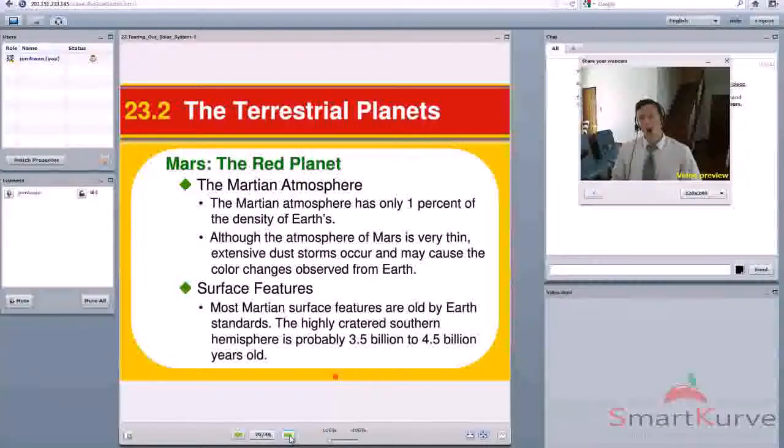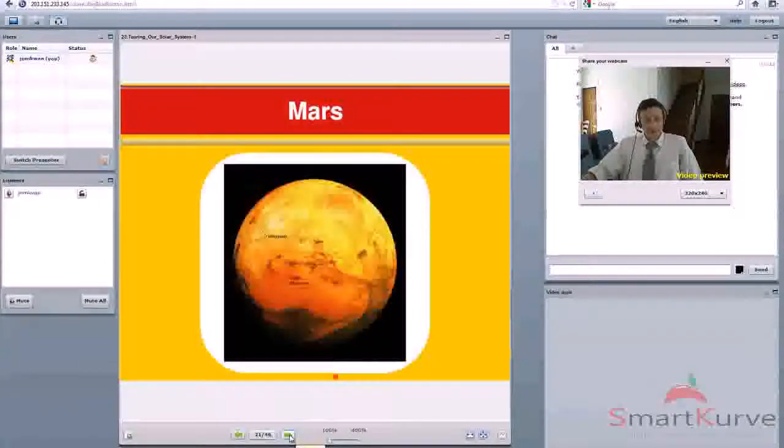So even though Mars is smaller than Earth, it has higher mountains than Earth and deeper valleys than Earth. And these mountains and valleys are much older than any mountains or valleys on Earth.